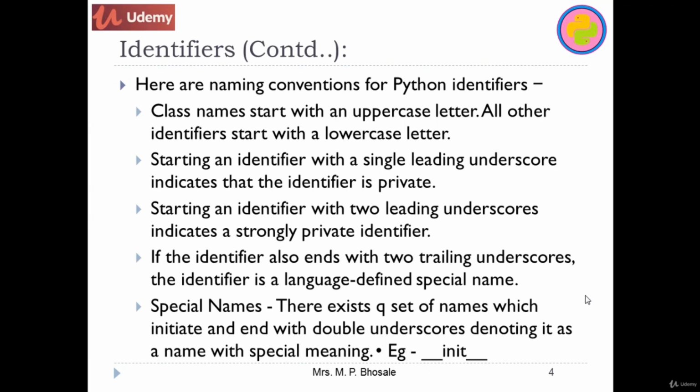Then we can use single underscore or double underscore at the start of the identifier, but there are two meanings. When we use single underscore, it indicates it is a private identifier, and when we use double underscore, it indicates it is a strongly private identifier.